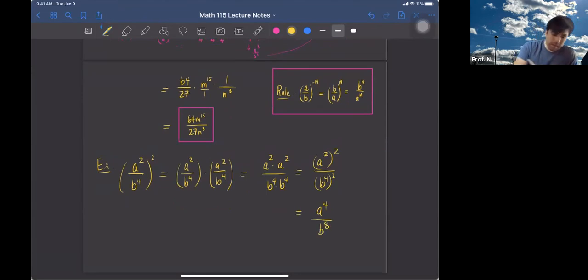So what's the rule here? What's the rule that I can make here? Well, if I have a base called x and raise it to some power, I should write it in yellow. If I have x to the mth power divided by y to the nth power, and I raise it to the p power, this can be rewritten as x to the mp over y to the np.